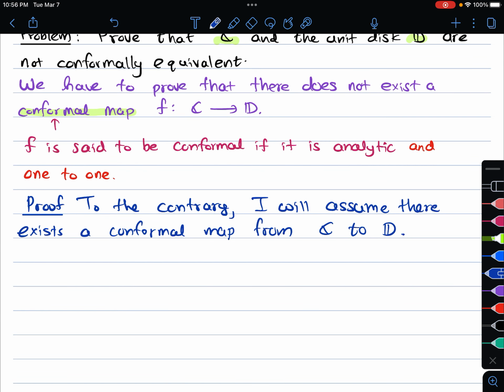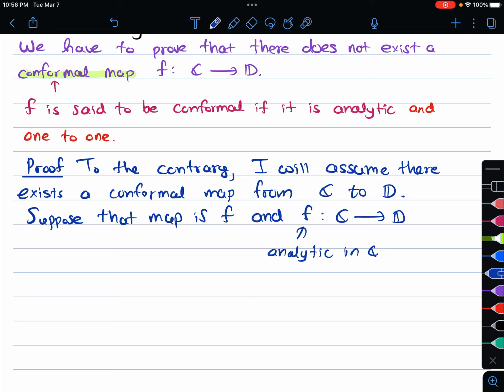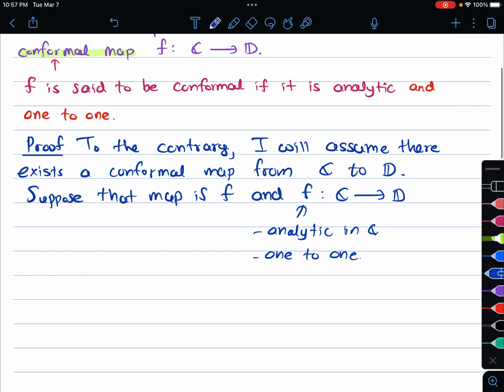So I'm assuming that there is a conformal map from C to D, and I will call that conformal map f. So suppose that map is f, and f is from C to D. So f is analytic in C and it is one to one, because it is conformal. Now what can you say about its range?